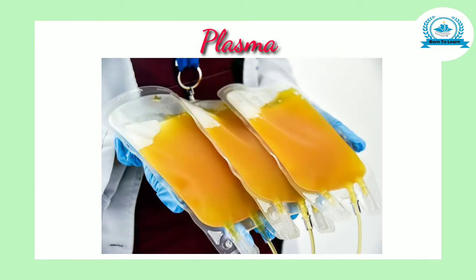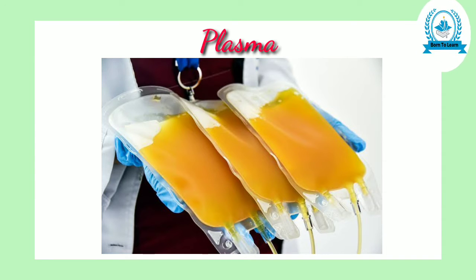Plasma. The liquid part or fluid part of blood is called plasma. Plasma is colorless liquid which consists mainly of water with many substances dissolved in it. Plasma contains about 90% water.